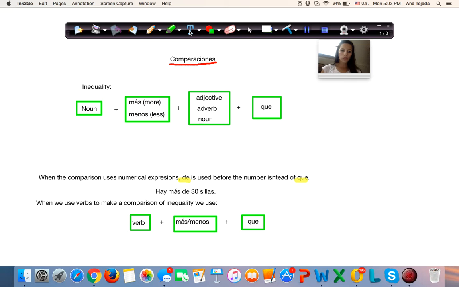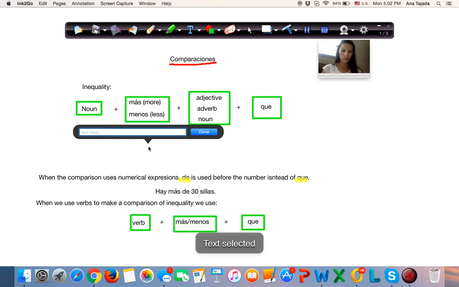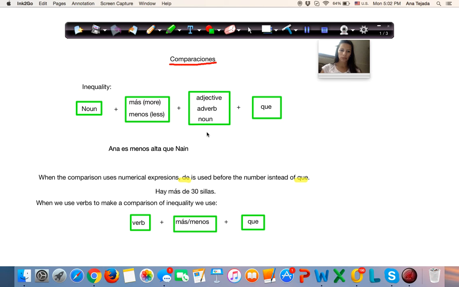An example of this would be: Ana es menos alta que Naim. We have the noun, the word menos.